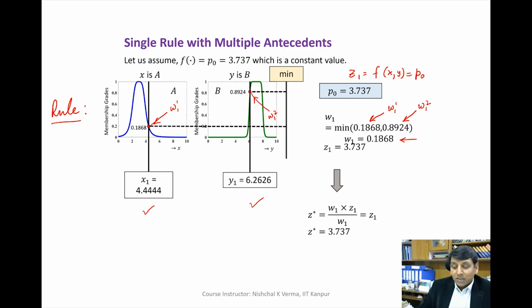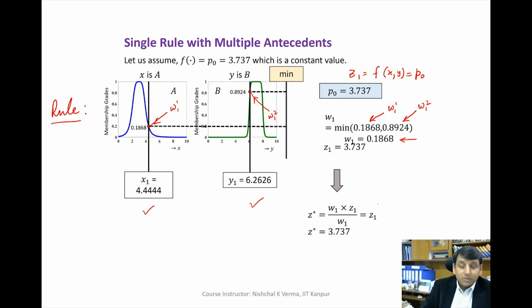So we can very easily say that Z1 is P0, and since Z1 is P0, Z1 is equal to 3.737. So we now know W1 and Z1.